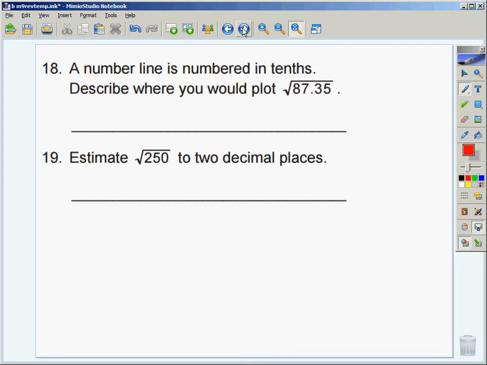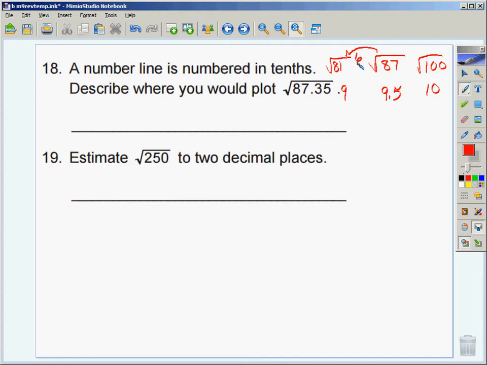A number line is numbered in tenths. Describe where you would plot this. So, the square root of 87, and I'm going to just drop the 0.35 for a minute. On each side, square root of 81, square root of 100. This would be 9. This would be 10. Right in the middle would be 9.5.